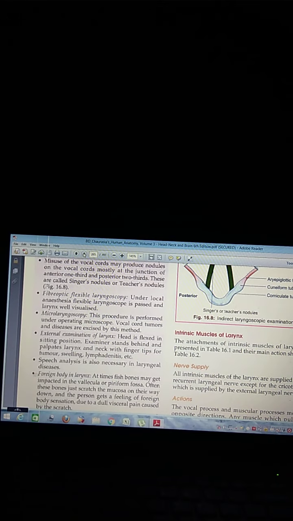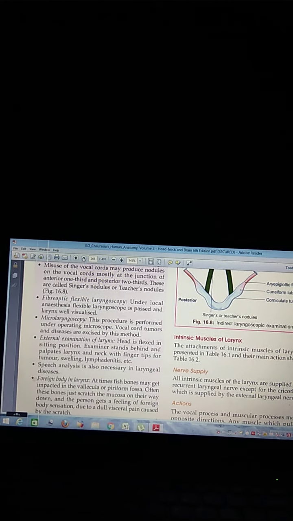Fiberoptic flexible laryngoscopy is done under local anesthesia. The flexible laryngoscope is passed and the larynx is visualized. Microlaryngoscopy is performed under an operating microscope, and vocal cord tumors and diseases are excised by this method.